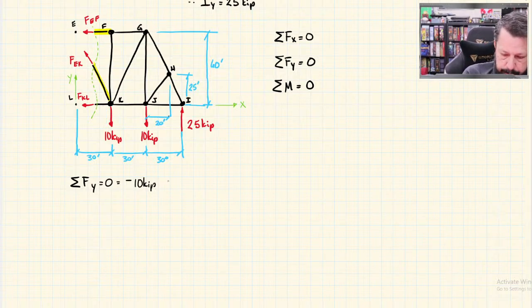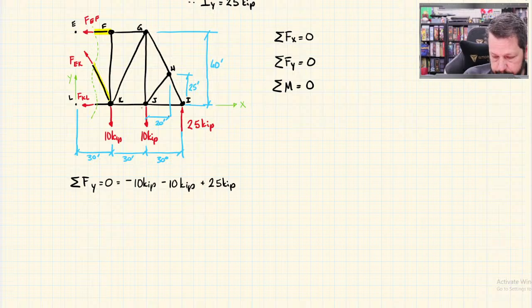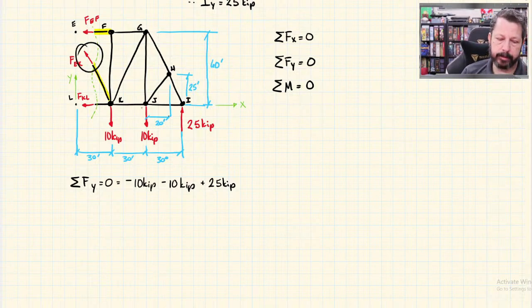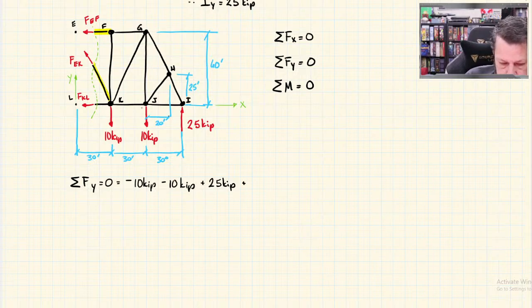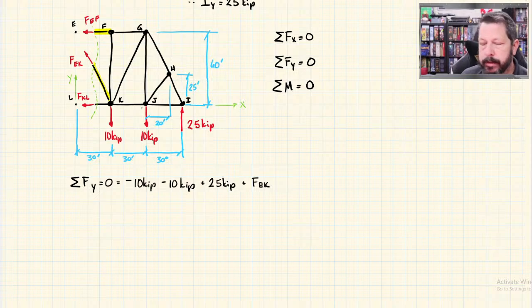I've got minus 10 kips. That is that one. I've got plus 25 kips. That's that one. And then I've got the y component only of this EK. So plus F_EK times however you want to do this.